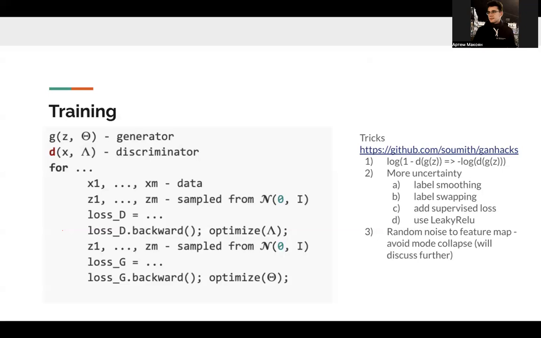Another trick is to add more uncertainty. We should use label smoothing. What is label smoothing? It's a common approach when we have, for example, two labels 0 and 1 for a classification task.